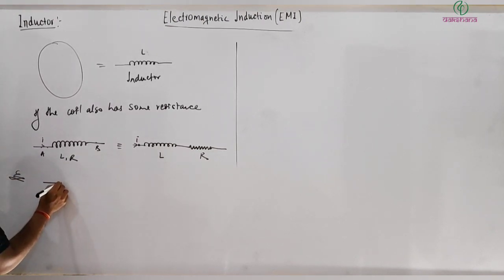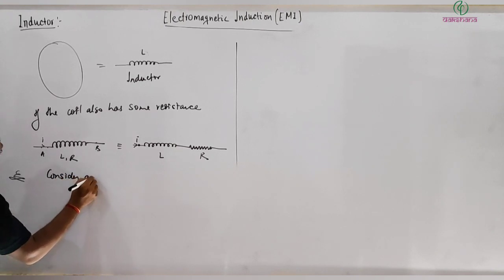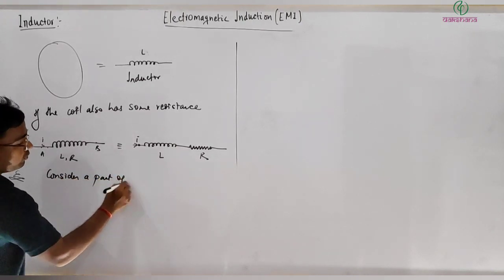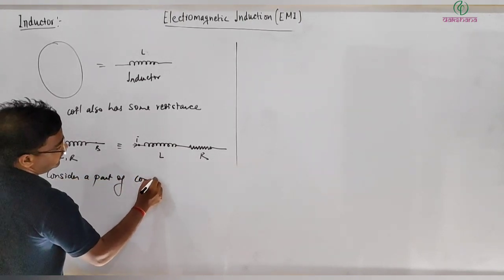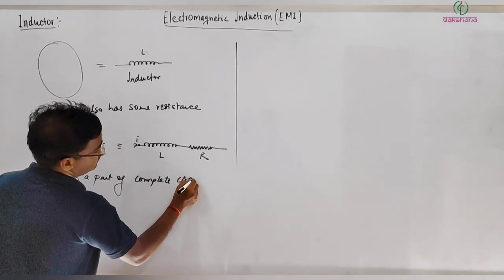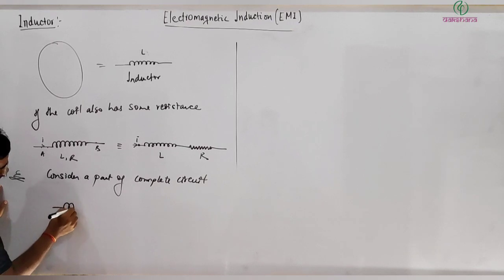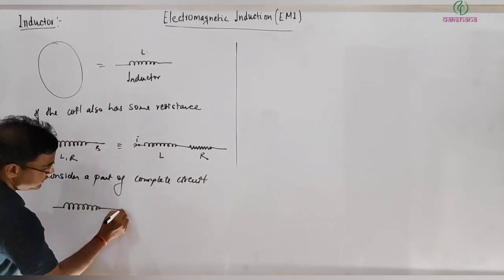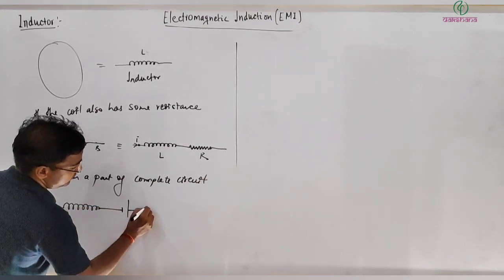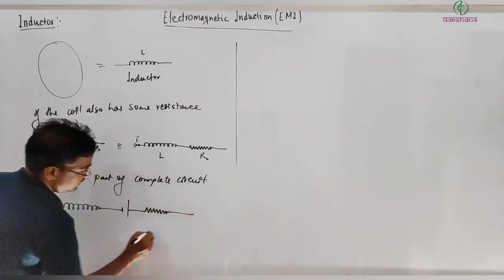Consider a part of a complete circuit, and that part is this: an inductor, some battery, a resistor.